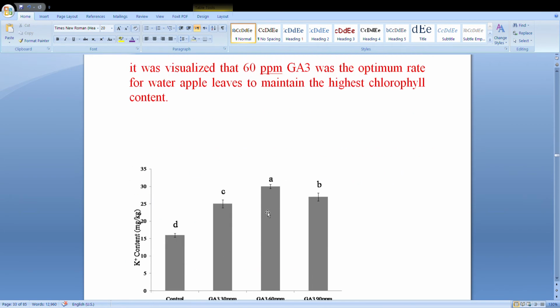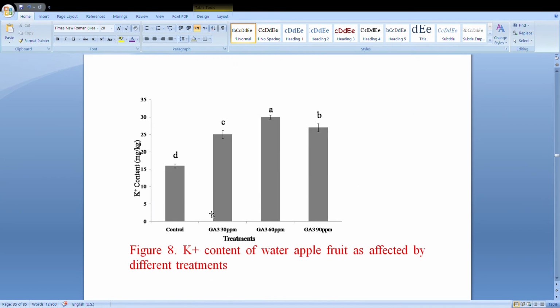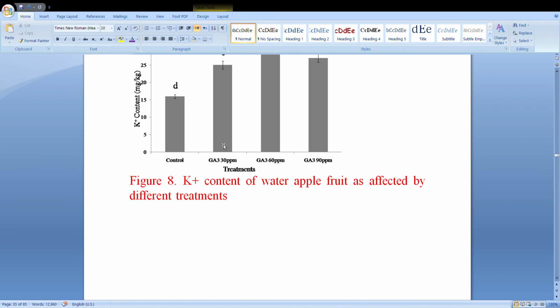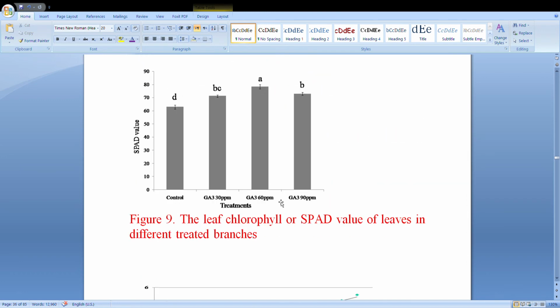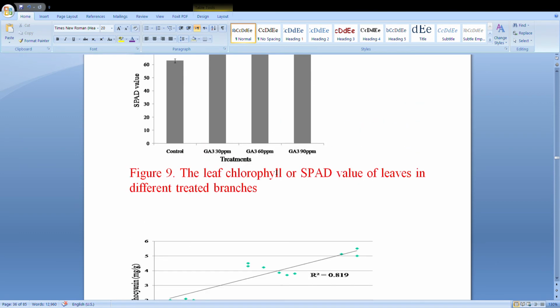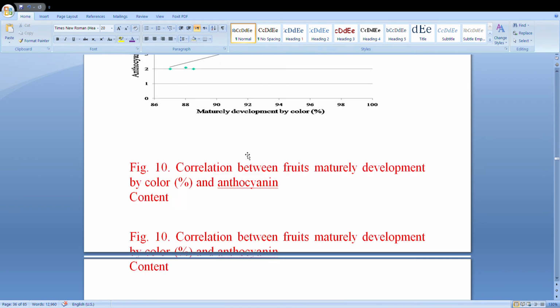This is all about the potassium content, which was higher in the treated fruits than control. Here also, with GA3 30, 60, 90, SPAD chlorophyll content was found higher in the treated branches than control.